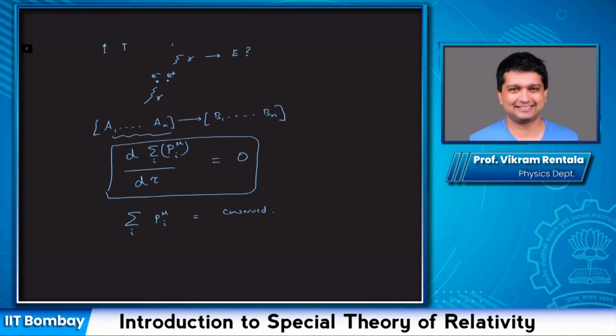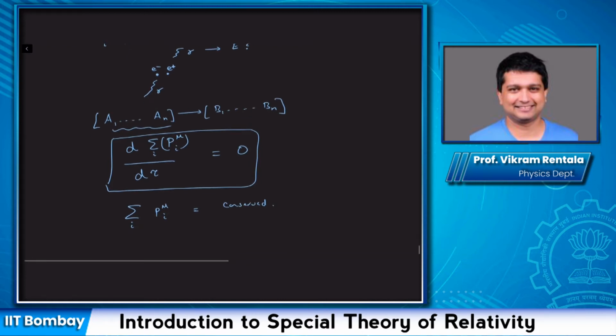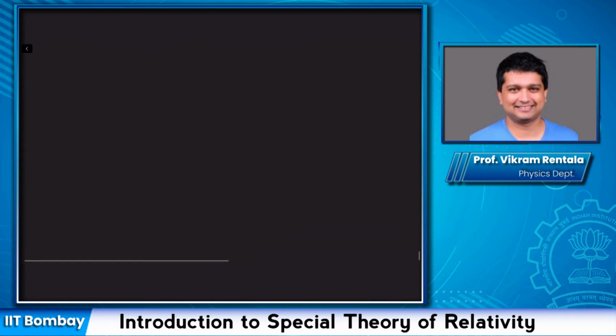Now if we look at this reaction, our initial state looks something like this. Our initial state is just an electron and positron at rest, and we're assuming that they're almost right next to each other so that they can come into contact easily.